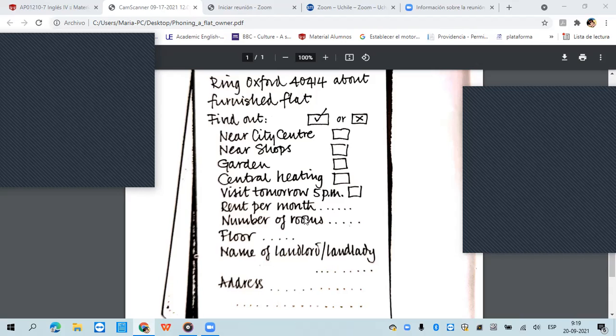Okay. Name of the landlady. What's her name? Mary Jones. Mary Jones, right. And what is the address? 41 North Parade.